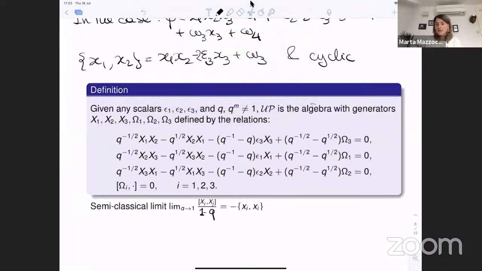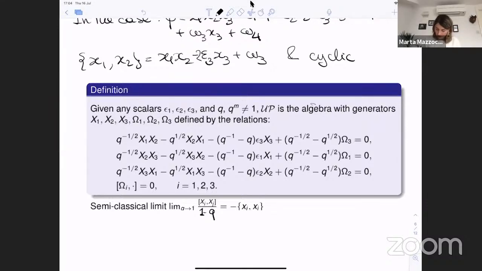So let me remind you that the classical algebra had 3 properties. It was potential, it had a Casimir, and it was unimodular. So now we quantize, and we want to respect these 3 properties. I will show to you that these 3 properties survive.